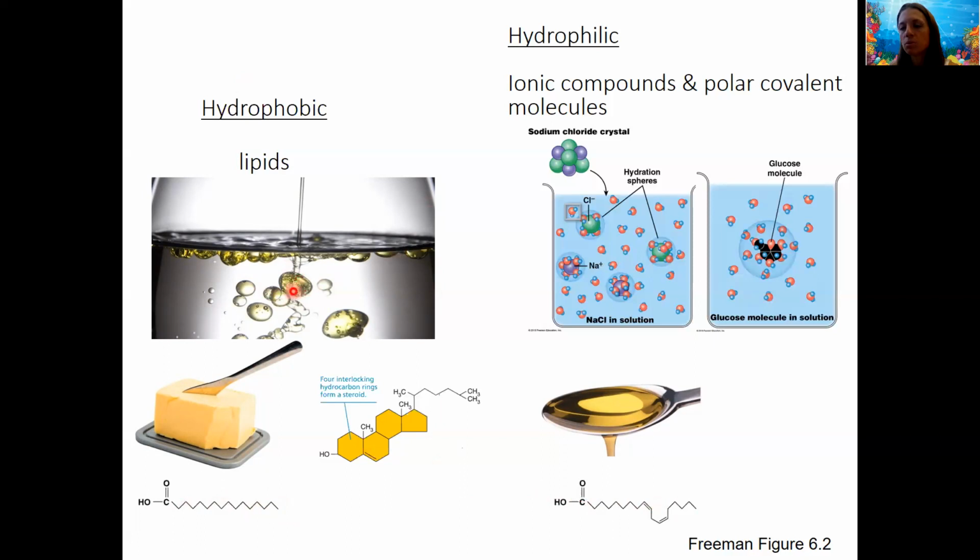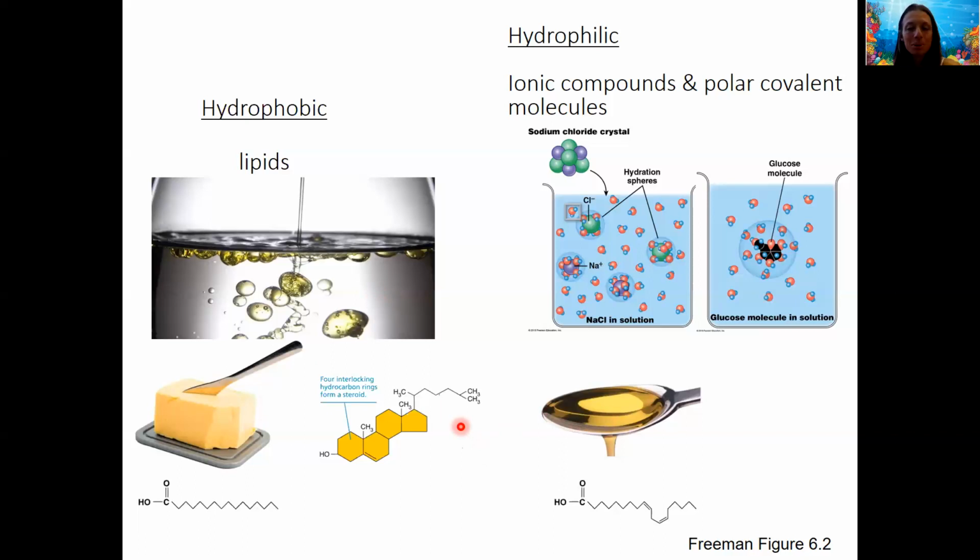It's more stable this way than it is mixed into the water. If you shake up that container, the droplets will get smaller, but still stay separate, and then they'll group back together again.